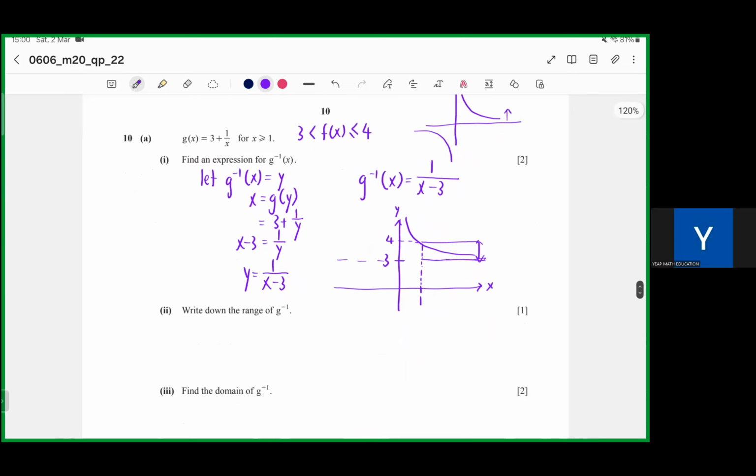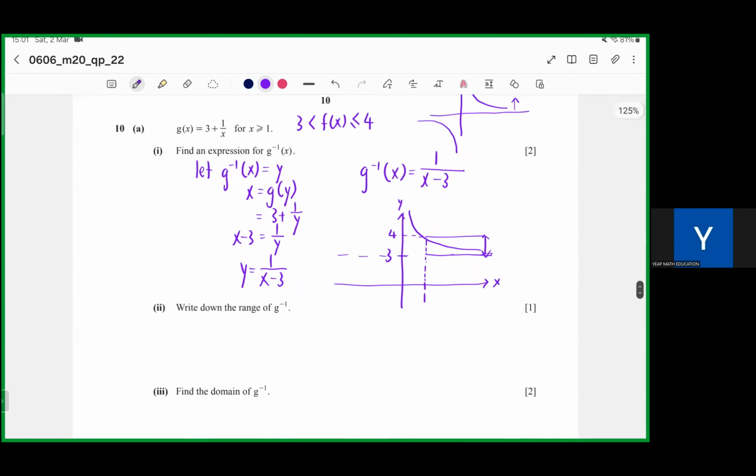Okay, now we continue to part 2. Write down the range of the inverse function of g(x). Actually it's very easy now, so you just set the range of the inverse equals f(x) more than 1.